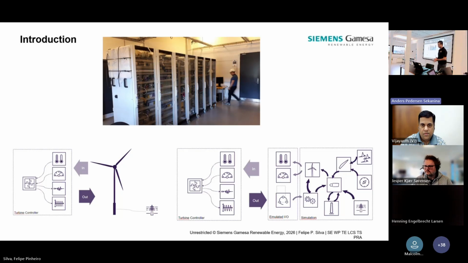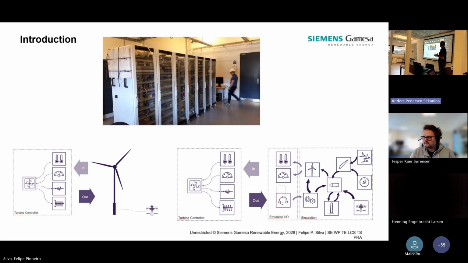So this is a little bit about the work we do there. This is an example of one of our simulators. In these simulators we have all the electrical I/O signals from the turbine connected to the control software, and on the other side we have the NI equipment with the digital input and the digital output, and the picture is showing that at the bottom here.